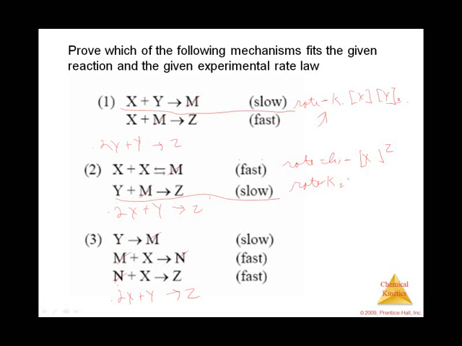This one will be rate is Y. I add these together and I get rate is some k times X squared times Y. And then this one, slow step, is right here, and what I will get is rate equals some constant times Y. So all three are different. All three of what I come up with are different, and hopefully one of these three will match what we came up with in the experimentally determined rate law.